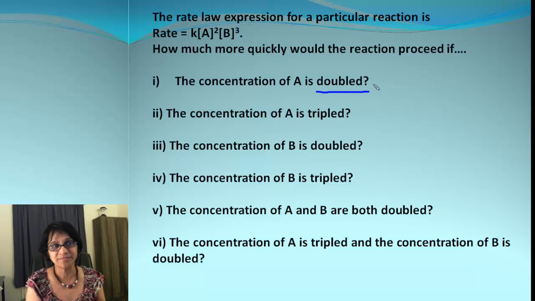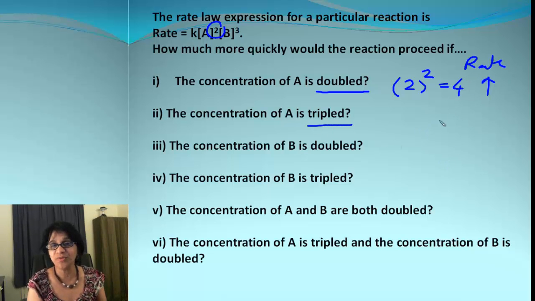The first one, we are doubling the concentration of A. So that will be 2 because we are doubling, and to the order of the reaction which is 2. So 2 squared. That means it will be a 4 times increase in the rate.